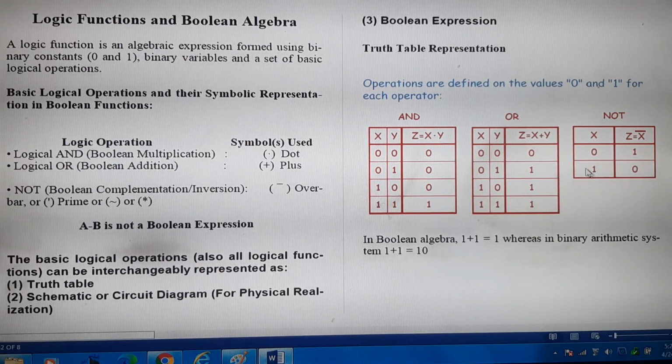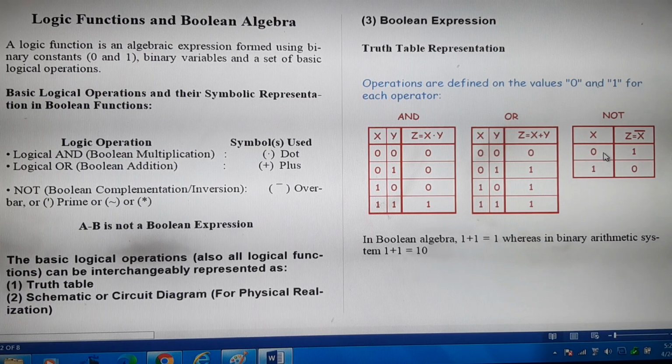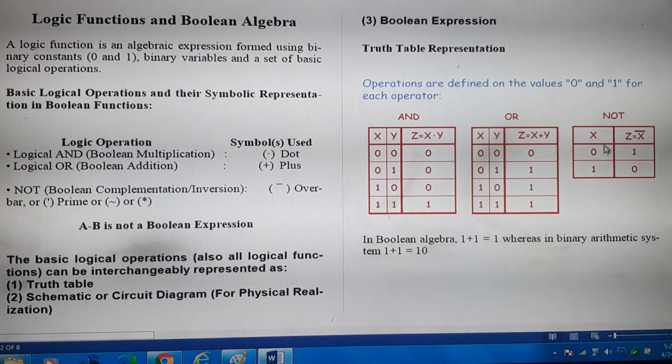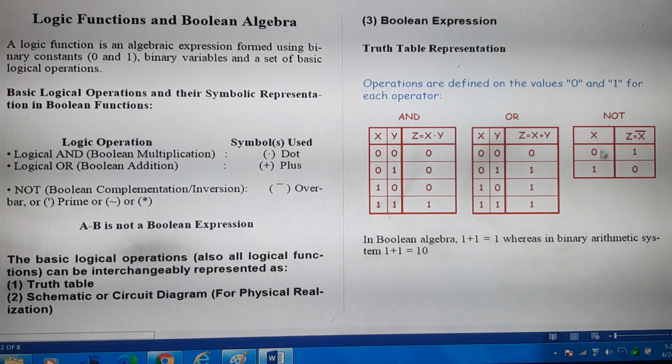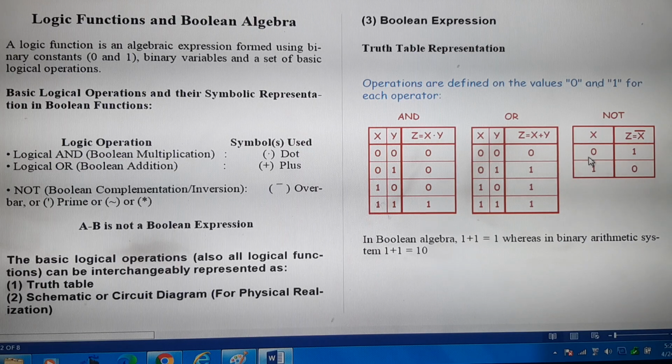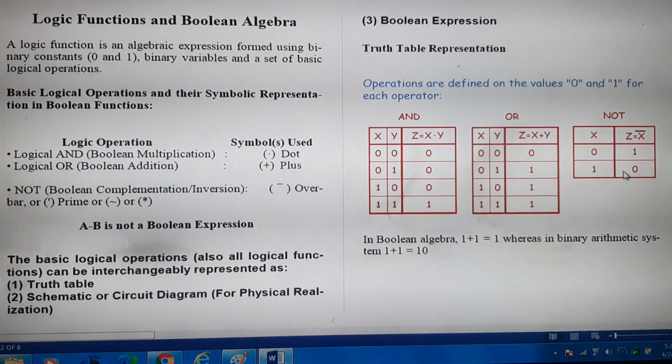Then the truth table of NOT gate: if the input variable is x, then its complement is, if input variable x is 0, then its complement is 1, and if the input variable x value is 1, then its complement is 0.